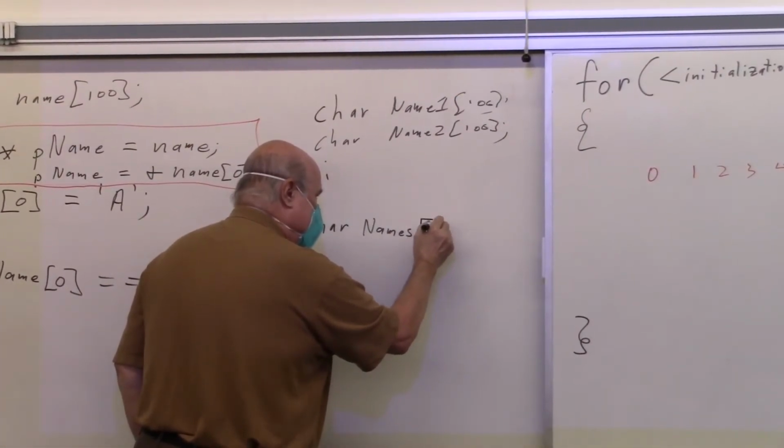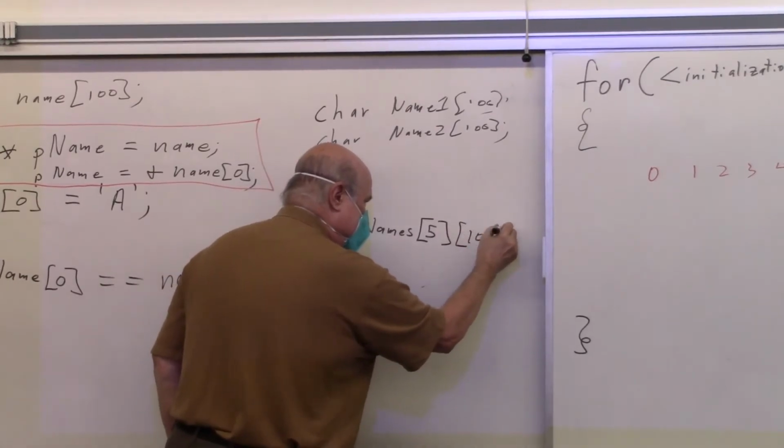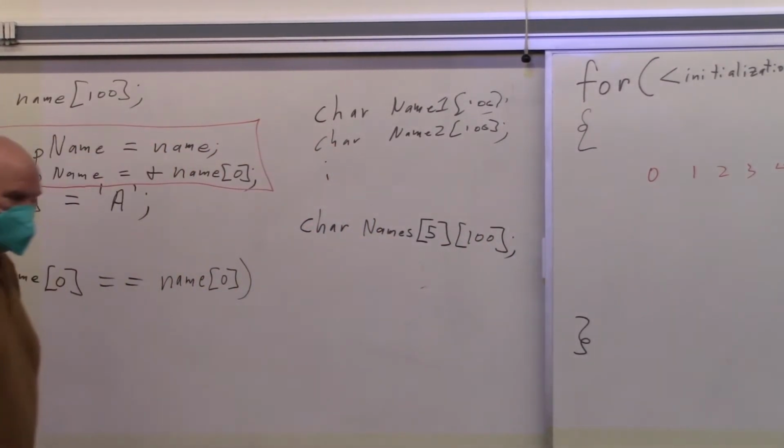And let's suppose you want 5 of them, each with 100 characters. You declare something like that, if I remember the syntax correctly. It's either that or 5 comma 100. I think it's that one. Yes, sir. Does it have to be a pointer? Not a pointer. Okay. That's a 2-dimensional character array.